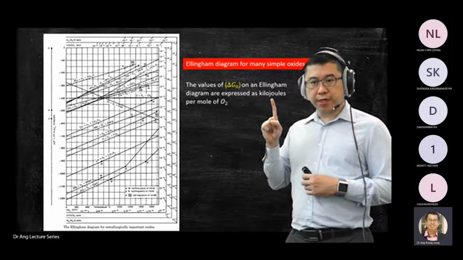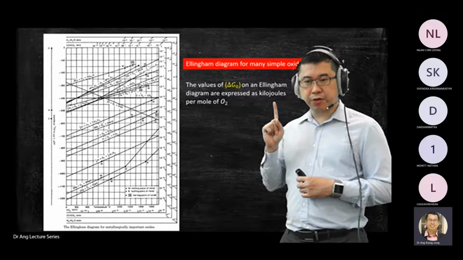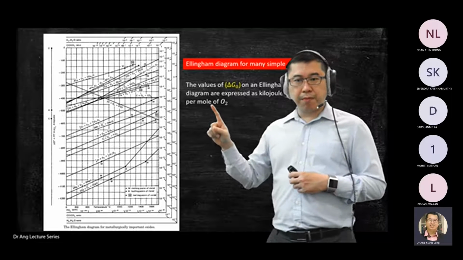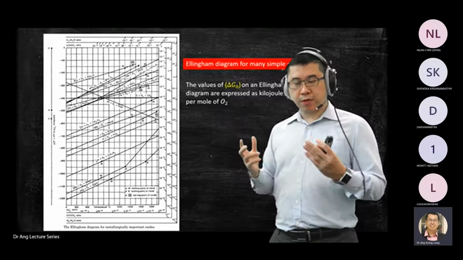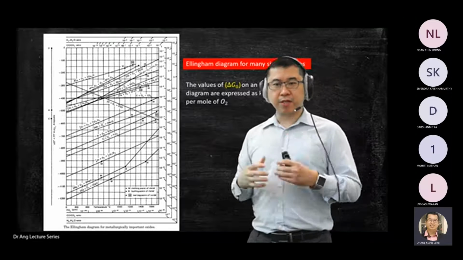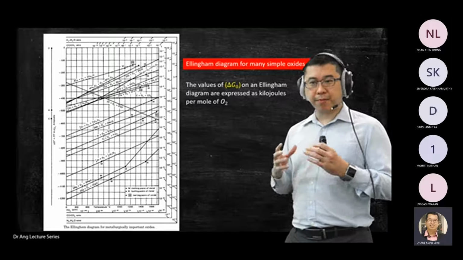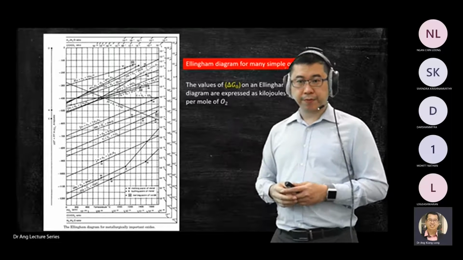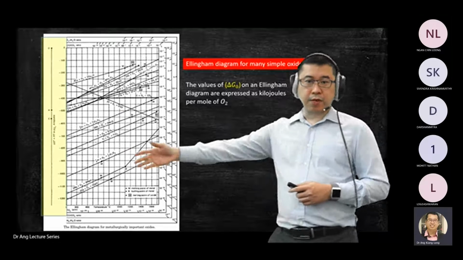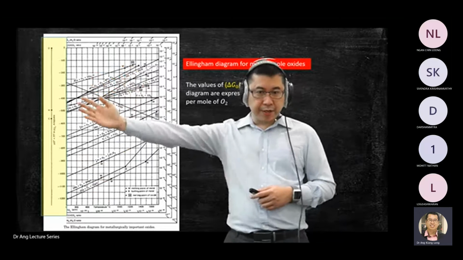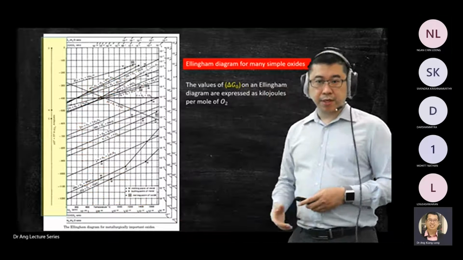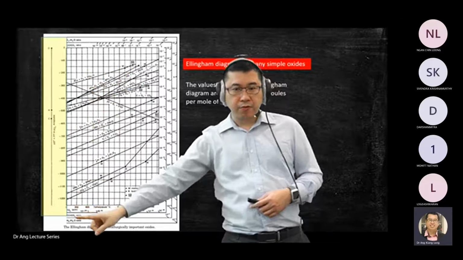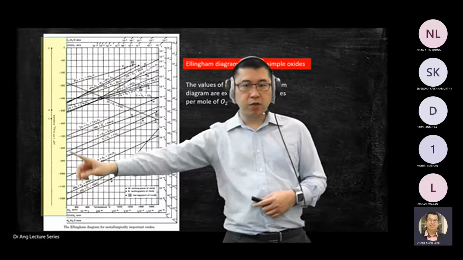You learned about chemistry before: kilojoule is energy, and per mole, you know 1 mole equals a constant number of molecules. In this case, we focus on oxygen. I highlight the area, and the numbers go from low at the bottom to high at the top, as you see from the arrow.